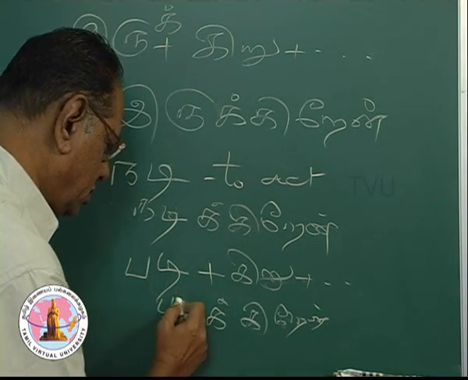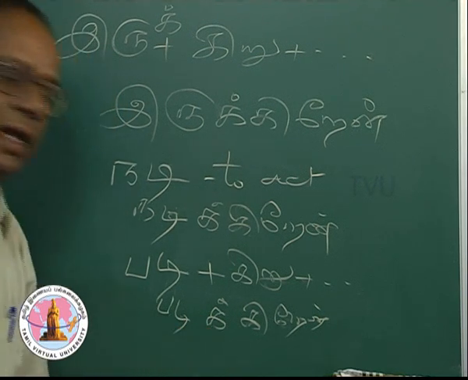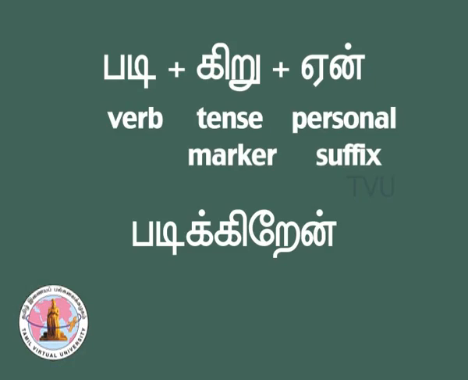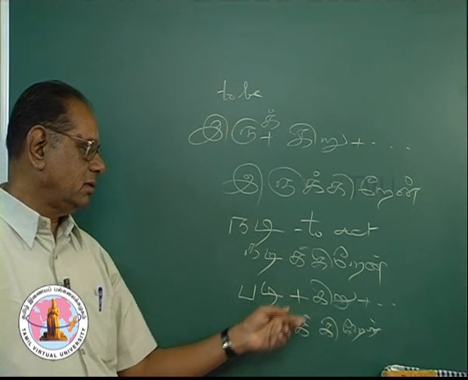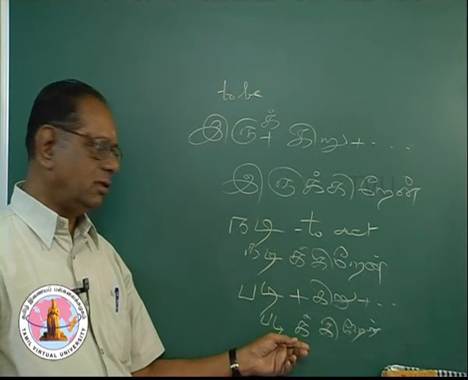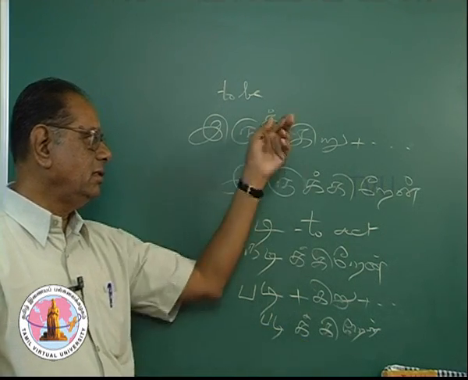It becomes padikkiren. This consonant form of ik is introduced in this set of verbs.